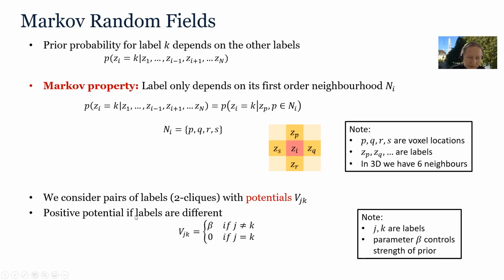We will set this potential to a positive number beta if the two labels are different, and to 0 if they are the same. So you see that these potentials really act as penalties, because we try to penalize different labels. This value beta is a parameter that will control the strength of the penalty and also the strength of the prior as a result.